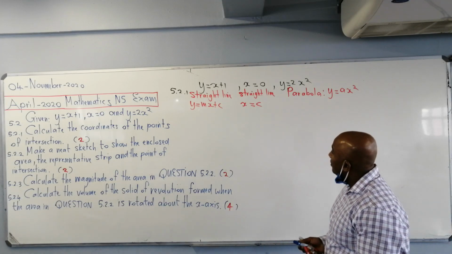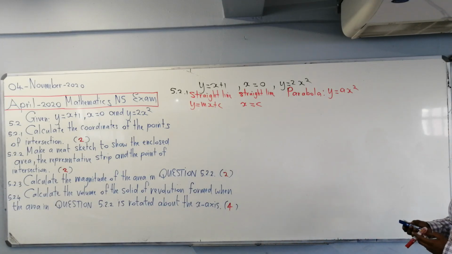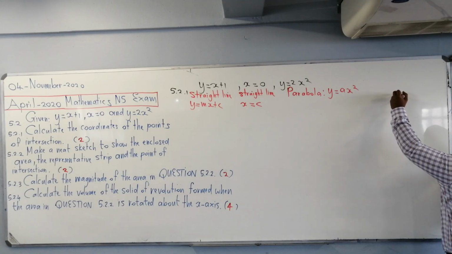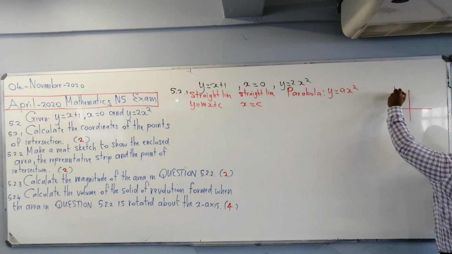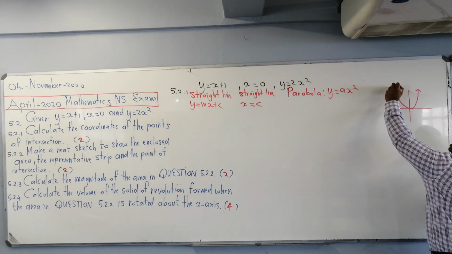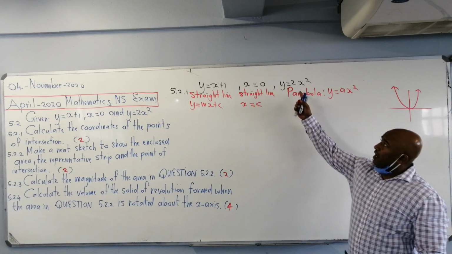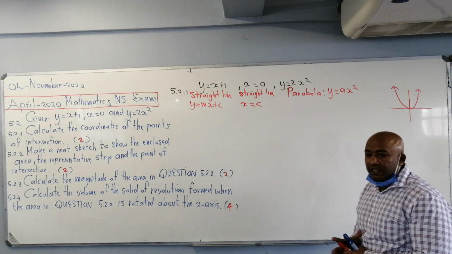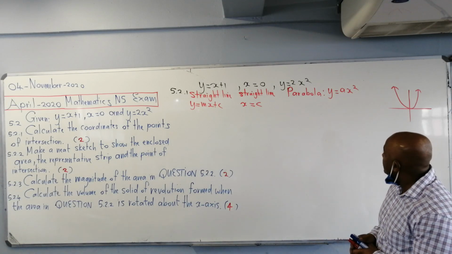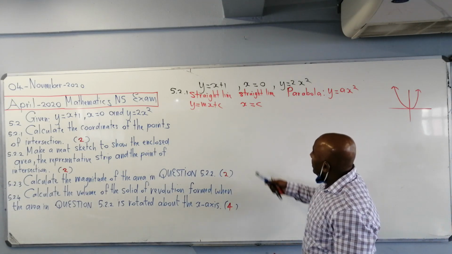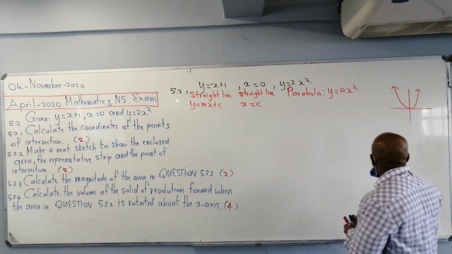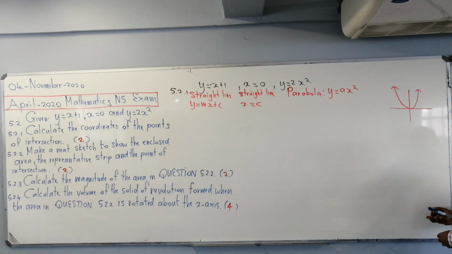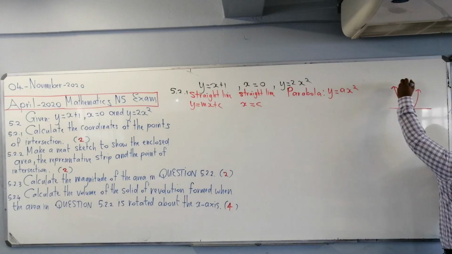Right. So now, y is equal to 2x squared is a graph that will turn at the origin, and the coefficient of x squared is positive, so therefore it's going to be pointing up. Then x is equal to 0 is a straight line.